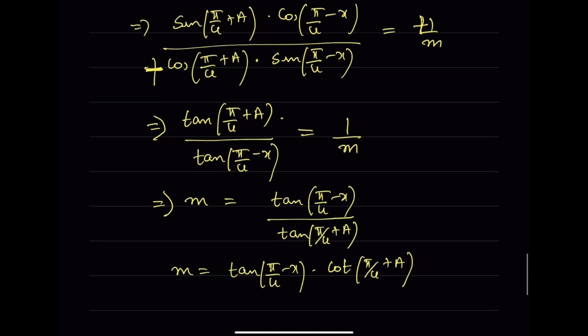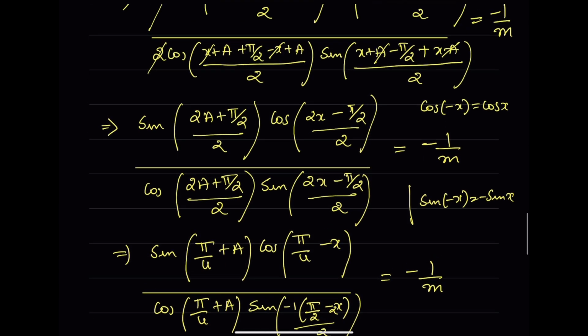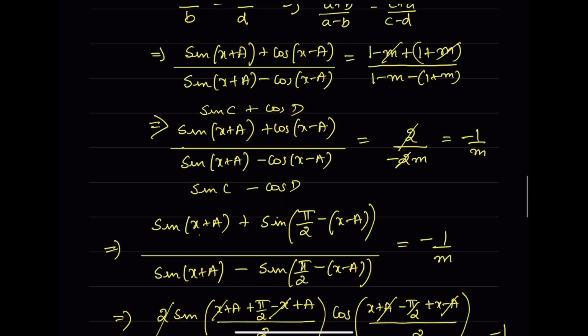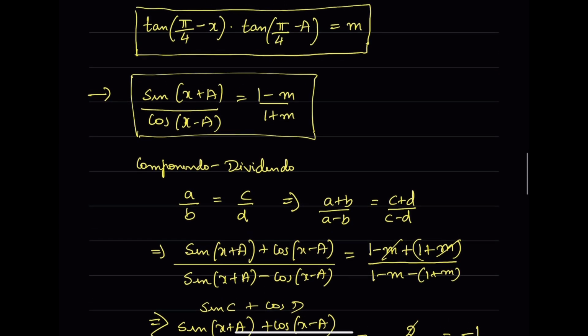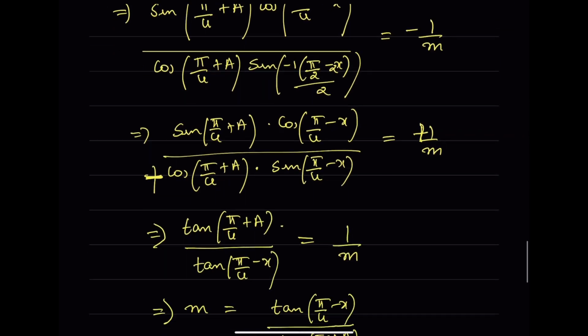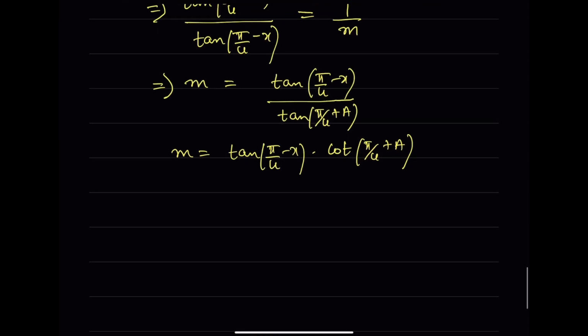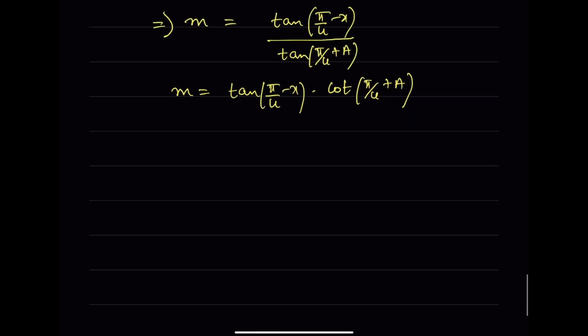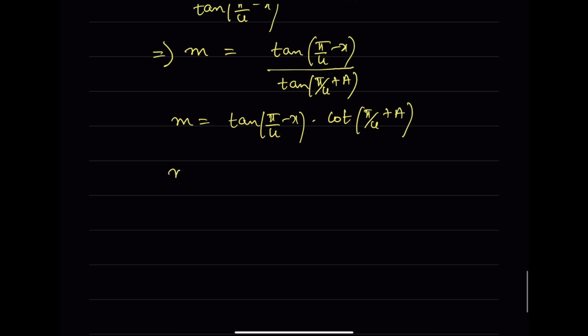Now what is the required proof here? Let's go back to the question. In the question, the proof required is tan of pi by 4 minus x times tan of pi by 4 minus a. This is equal to m. So because I need tan on both the terms here, I will change this cotangent to tan by applying the logic.